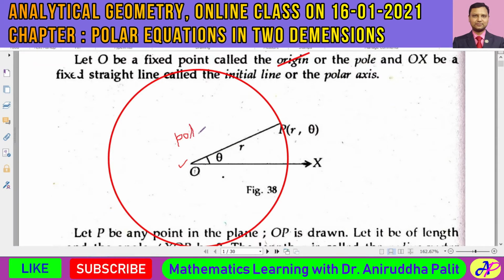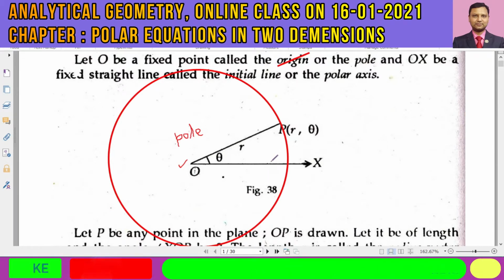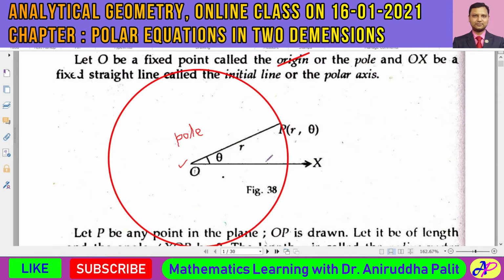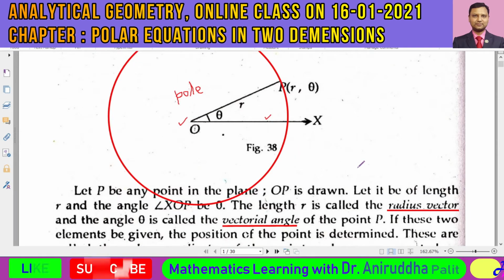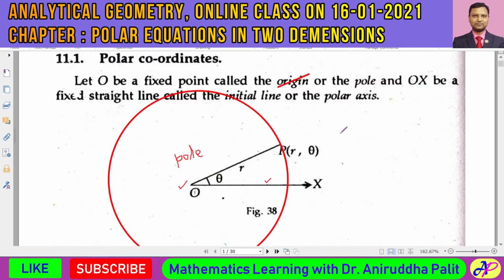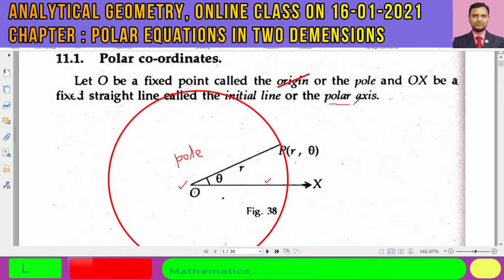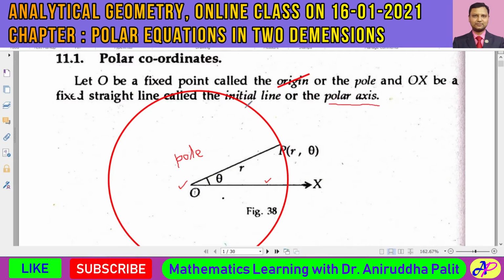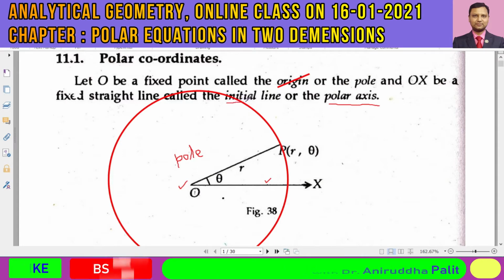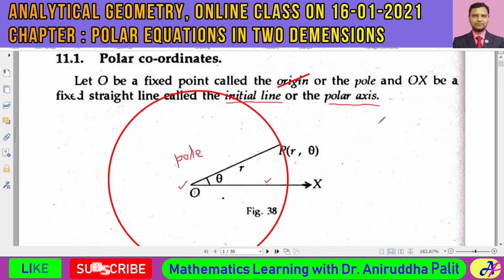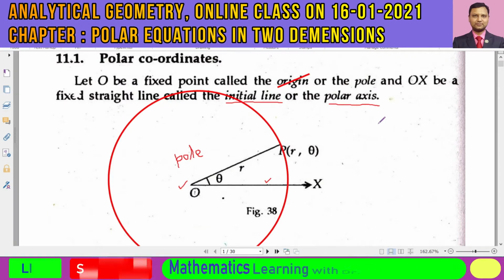This fixed point O is called the pole, and the fixed straight line OX through this fixed point is called the polar axis or the initial axis. This kind of straight line is called the polar axis or the initial axis.